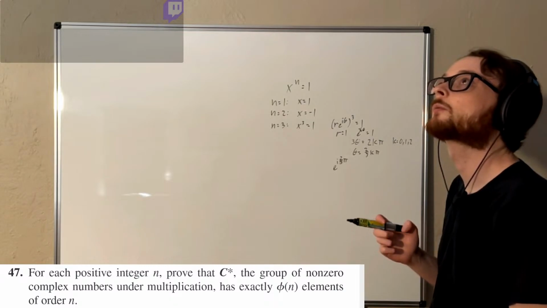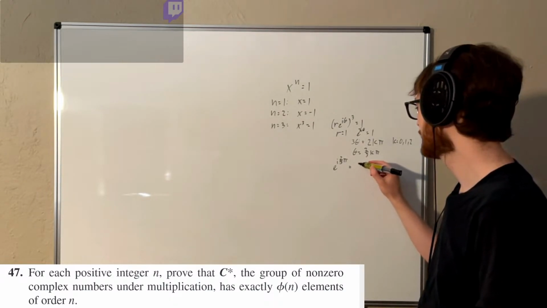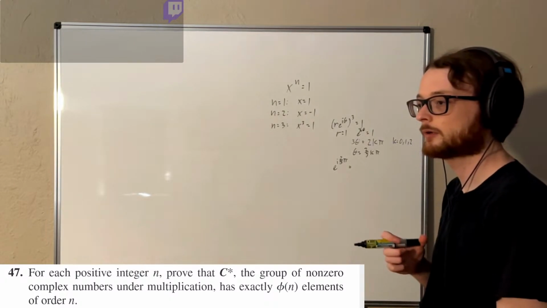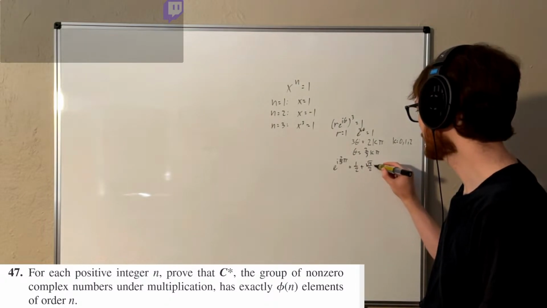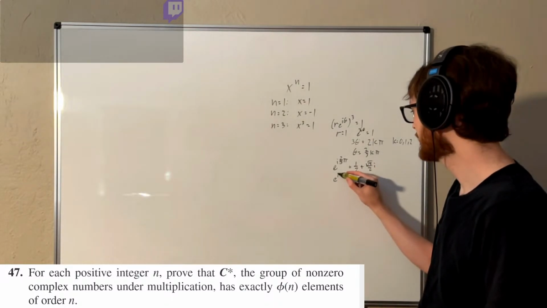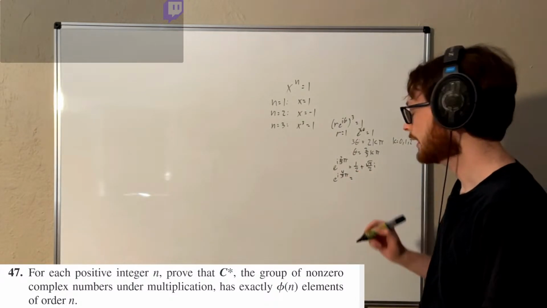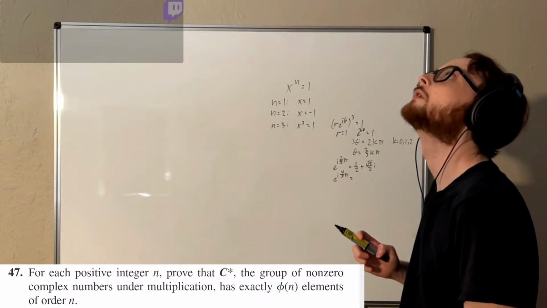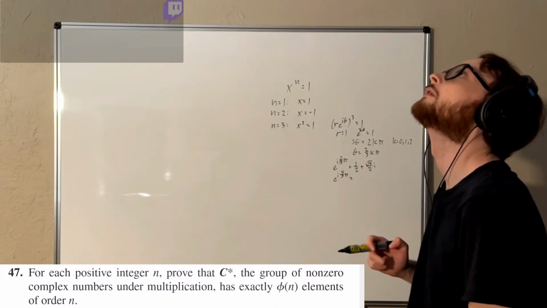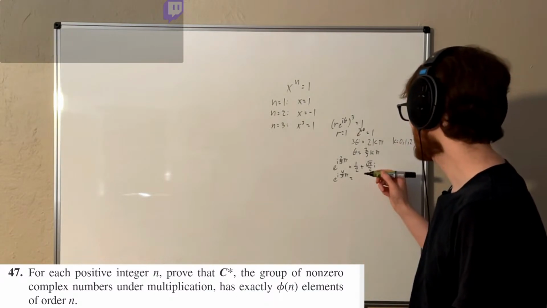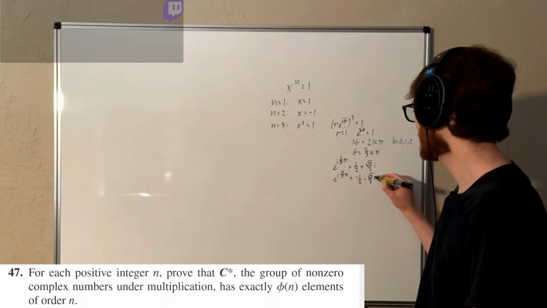Cosine of 2 pi over 3 is minus 1/2, plus root 3 over 2i for sine. e to the i 4/3 pi is minus a half minus root 3 over 2i, and actually I messed up the sign there.